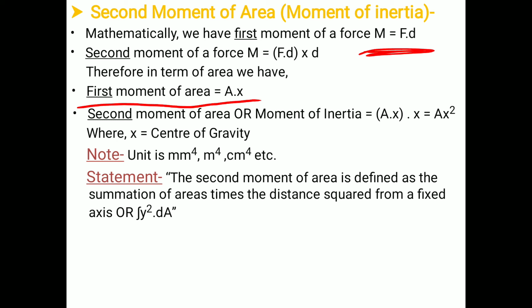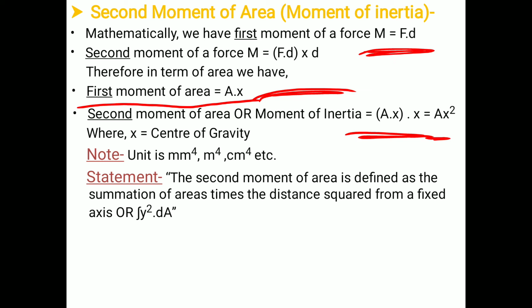If I multiply this term by again a perpendicular distance x, I have the second moment of area, which is also known as moment of inertia. Remember that we have multiplied x to the first moment of area. So the first moment of area is nothing but A into x.